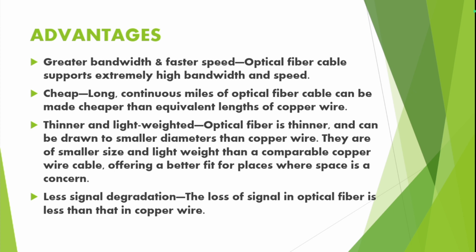Next, high speed of transmission over long distances, and these optical fibers are small in size and low in weight also. Okay, so less signal degradation. The loss of signal in optical fiber is less than in copper wires. So these are some basic advantages of optical fiber communication.